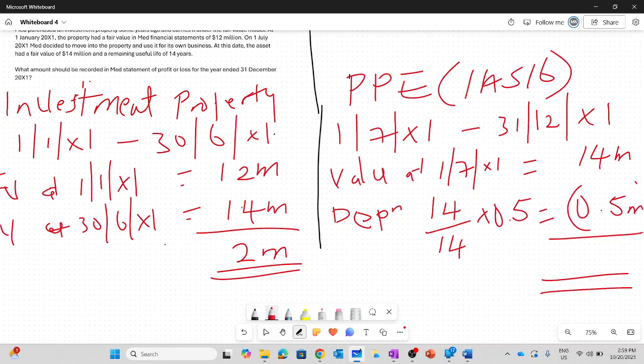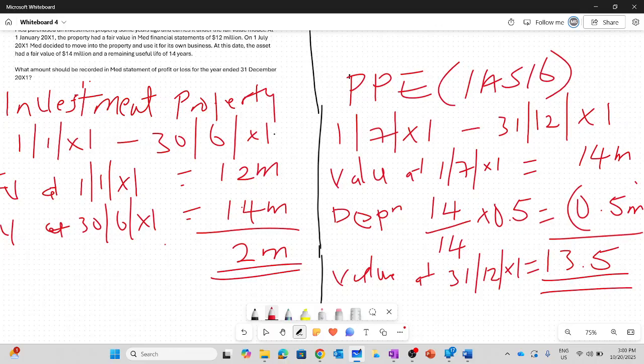So the carrying value of the asset will be 13.5. So this will be the value at 31st December X1.